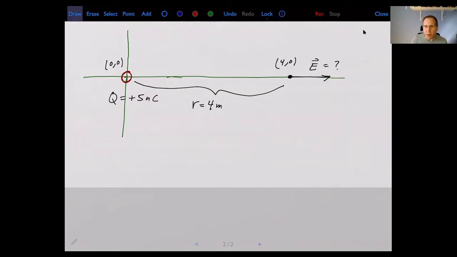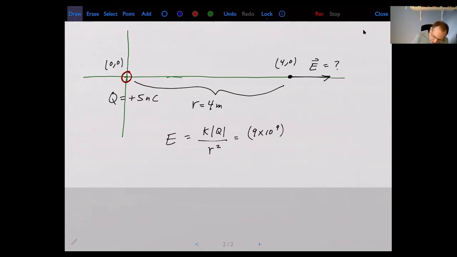Okay, so we know how to calculate the magnitude. The magnitude of the electric field is going to be K times the absolute value of the charge divided by R squared. So in this case, this will be 9 times 10 to the ninth, and to save room, I'm not going to write all the units in there.